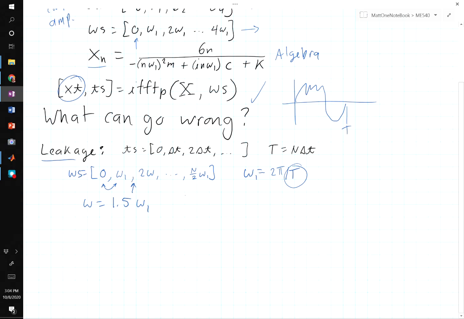So just working that out in a little more detail. The period of that signal would be 2 pi over its frequency, 1.5 omega 1.